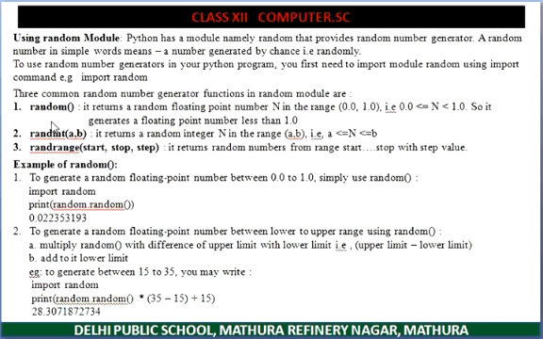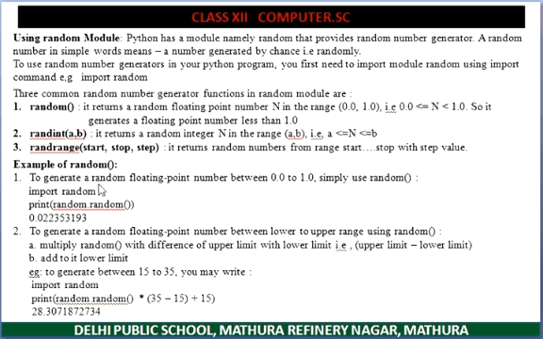First, random generates a random number between 0 and 1.0, meaning it generates a floating point number from 0 to less than 1.0. Second, randint generates an integer number between a and b. Third, randrange generates a random number between start and stop with a step value. Now I will explain all these functions with the help of examples.